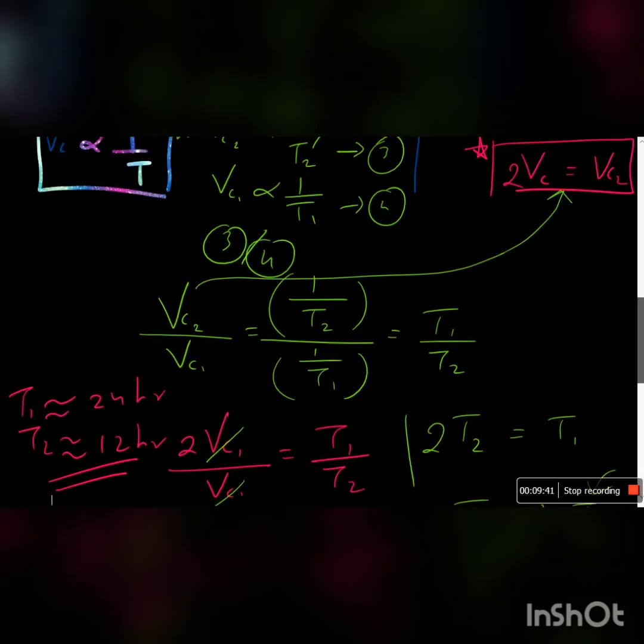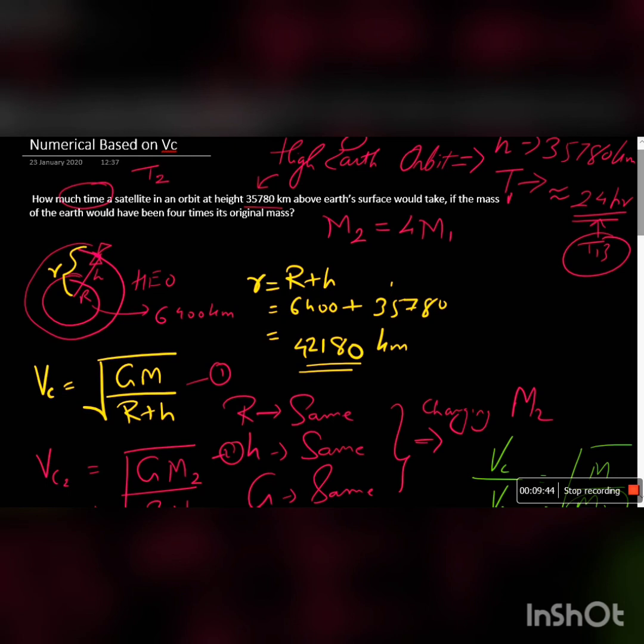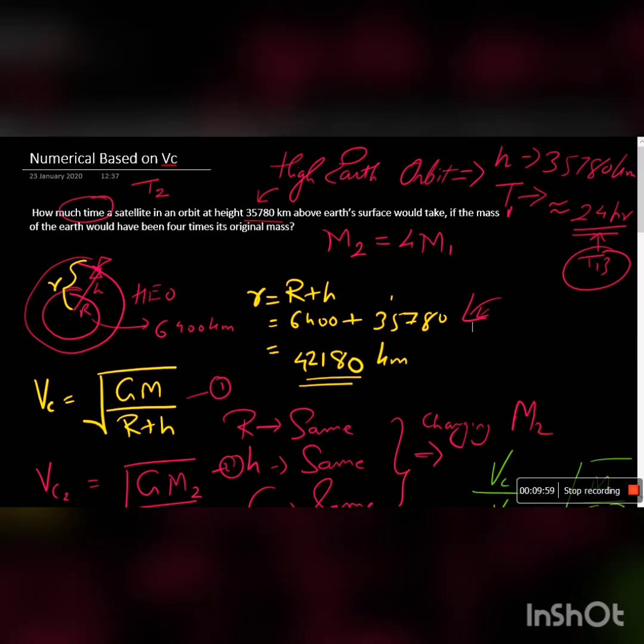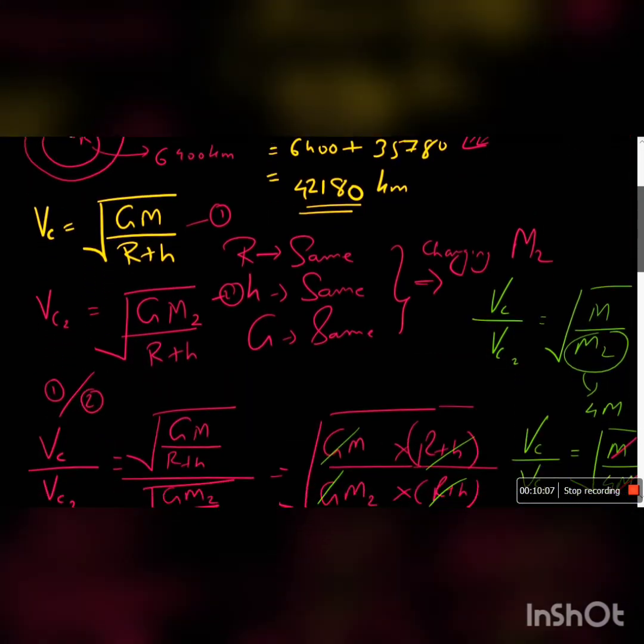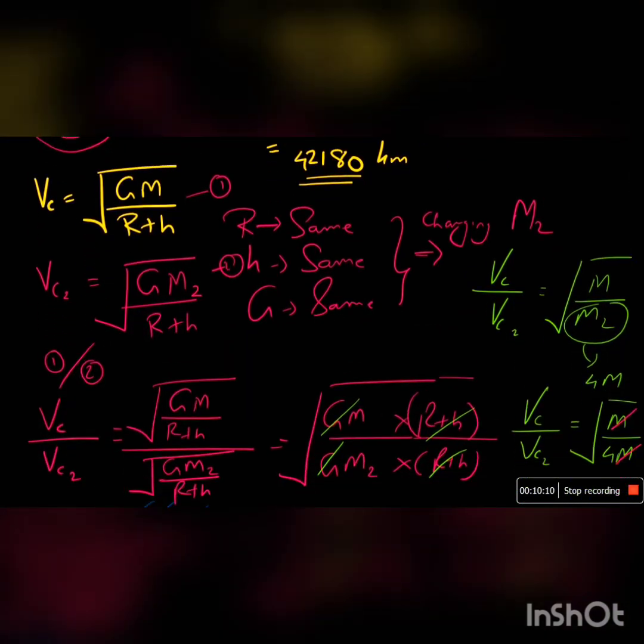Let's revise what we have done. The question was that height is fixed at 35780, and at this particular height the time period is 24 hours. So h is given and T1 is 24 hours. We used the formula for critical velocity: critical velocity 1 equals square root of GM1 upon r plus h. Vc2 is this.